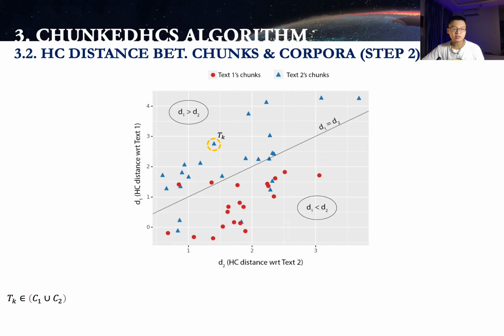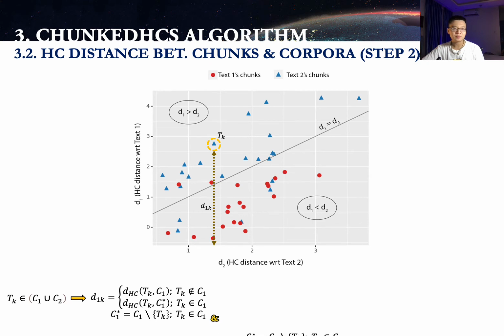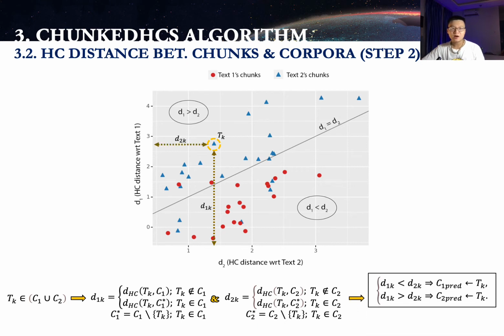We're measuring the distance between this chunk and all of the individual chunks from text 1, so D1K, and also D2K, which is this chunk against the blue ones, the chunks from text 2. So we have D2K and D1K, and then we compare the distances.